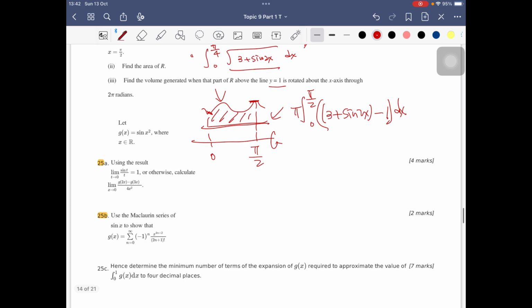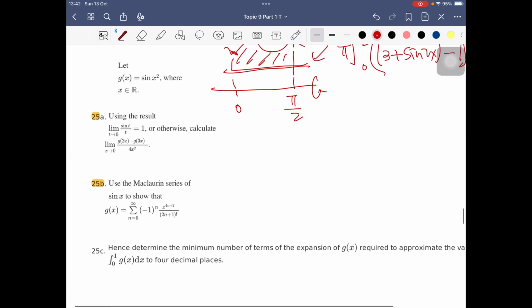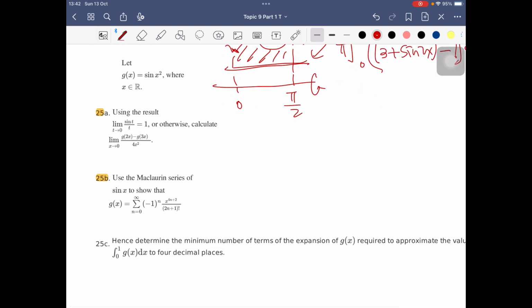And the next one. We already know sine t over t, when t approaches 0, is 1. So now we try to make this one: limit as x goes to 0 of x squared over sine 4x squared minus sine 9x squared.